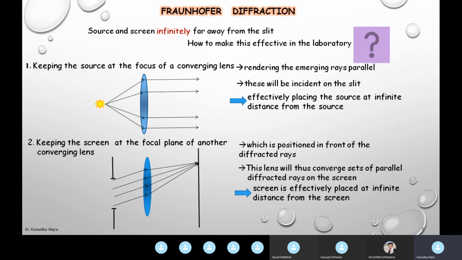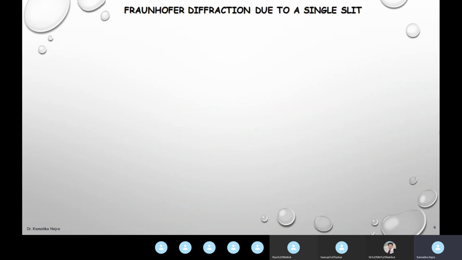The rays coming out are parallel, they are incident on the slit, and then we place another lens in front of the slit and we place a screen at the focal plane of this lens, so that these parallel rays are converged on the screen. So effectively, the source is sent to infinite distance from the slit, and the screen is sent to infinite distance from the slit.